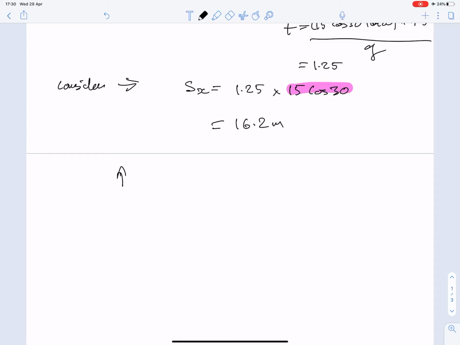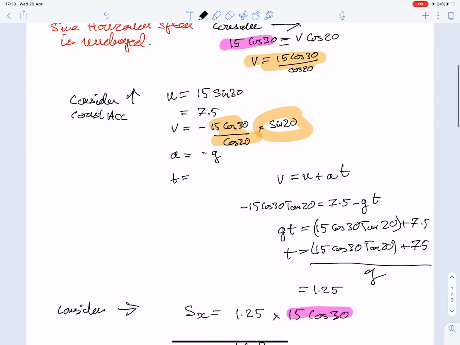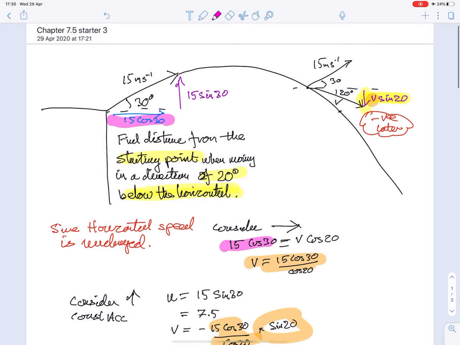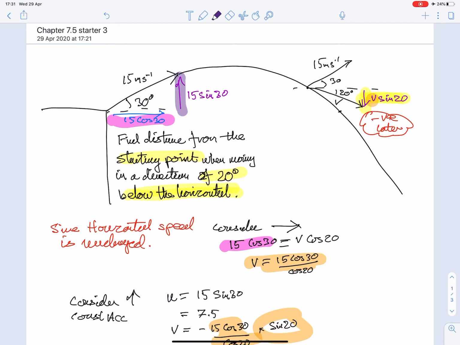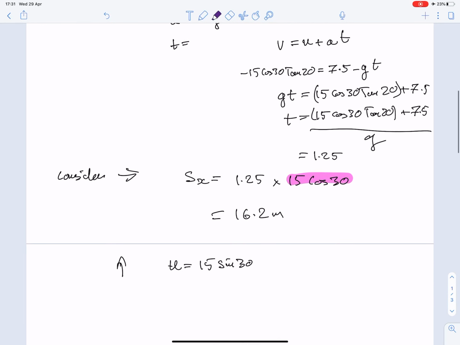Now we can consider the vertical motion, and we've got u is equal to 15 sine 30 from up here. So that's our u.